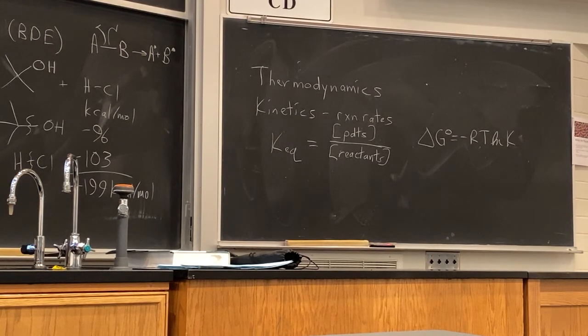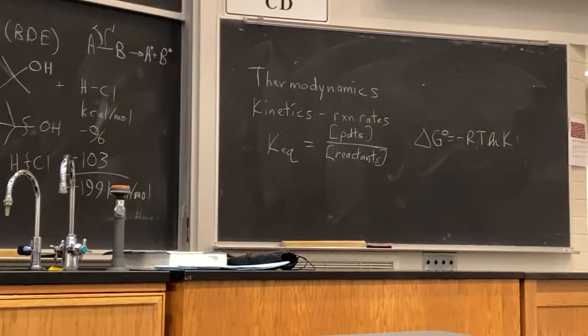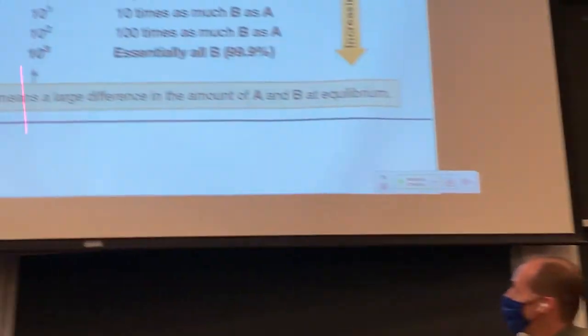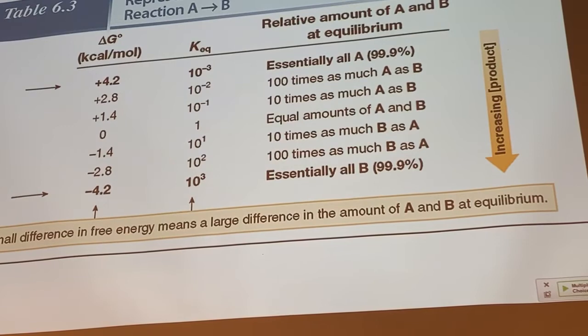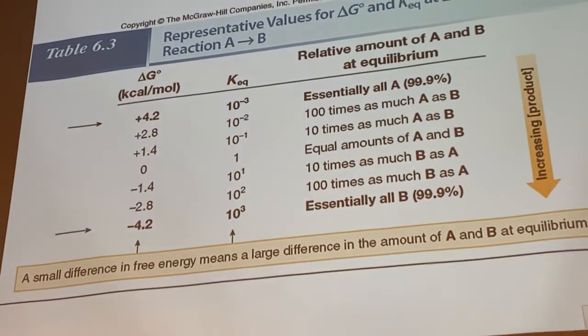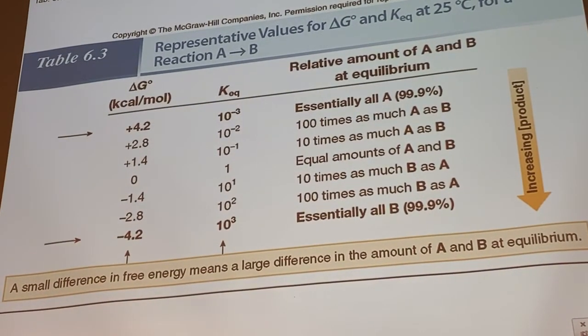We have a table here that shows you the relationships between different delta G values and different K values. And what this table tells you is that a fairly small difference in energy can lead to a very large equilibrium constant and a very large difference in concentration of products versus reactants.